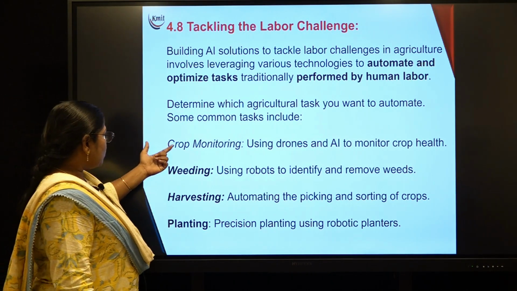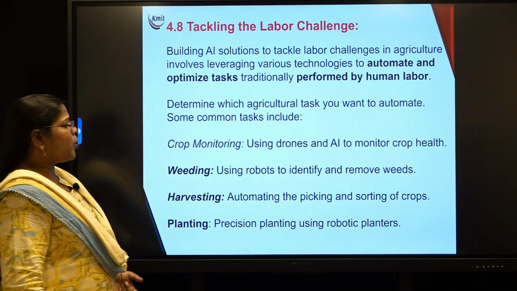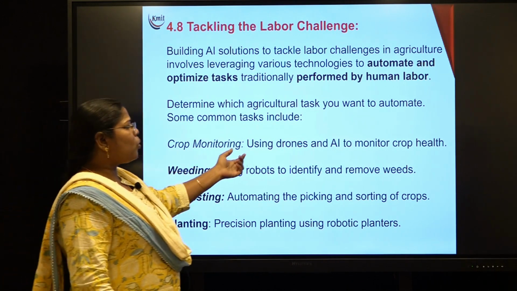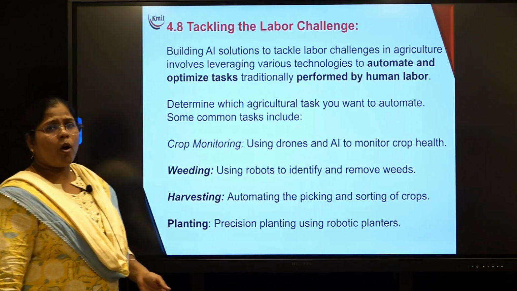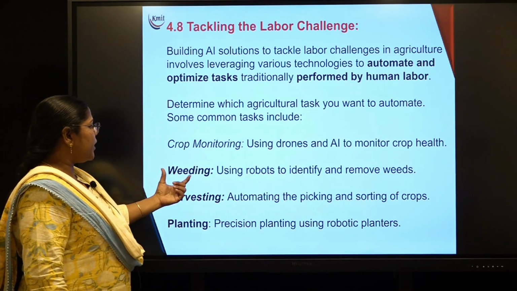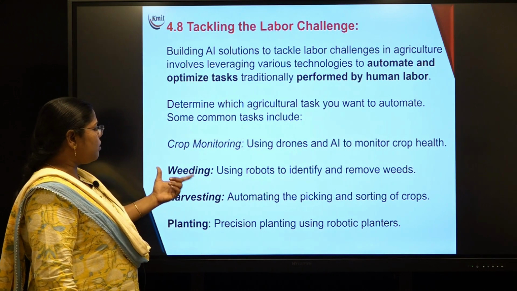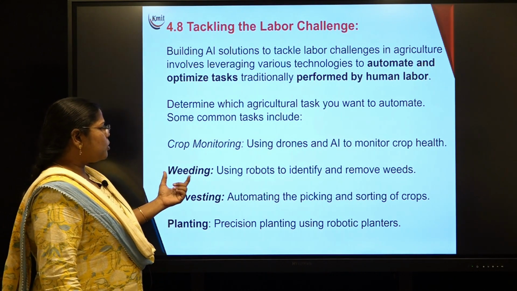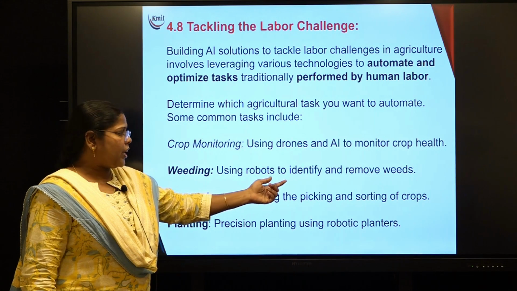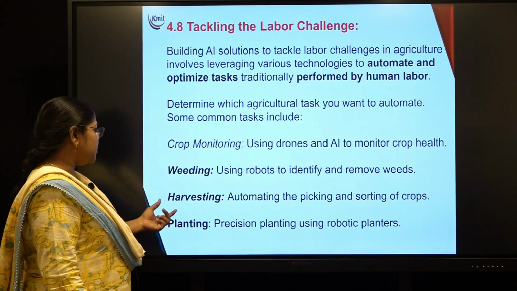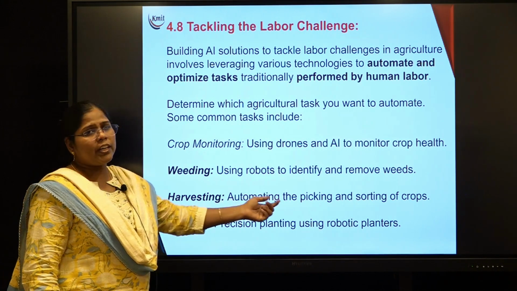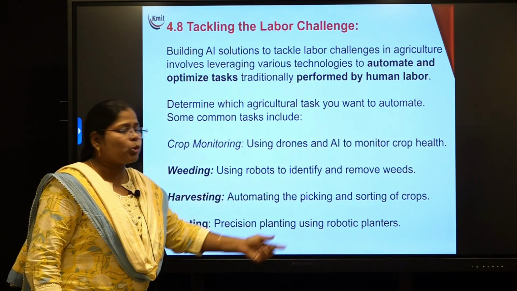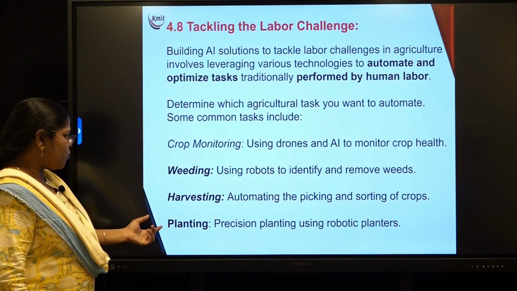First one is crop monitoring, using drones and AI which can monitor the crop health. Next, we can tackle labor in weeding. Using robots we can identify and remove the weeds. Next one is harvesting, automating the picking and sorting of the crops or the fruits.